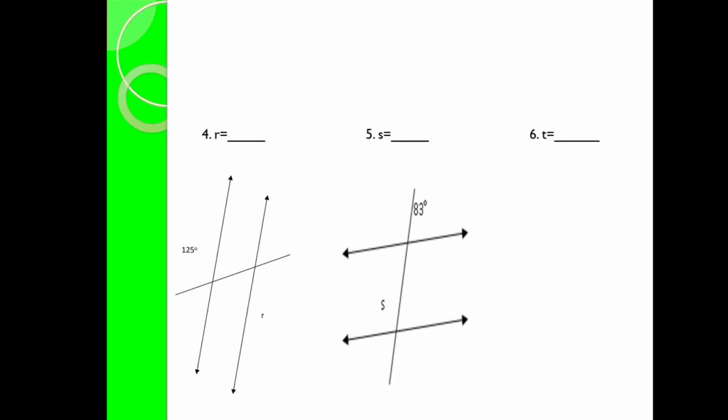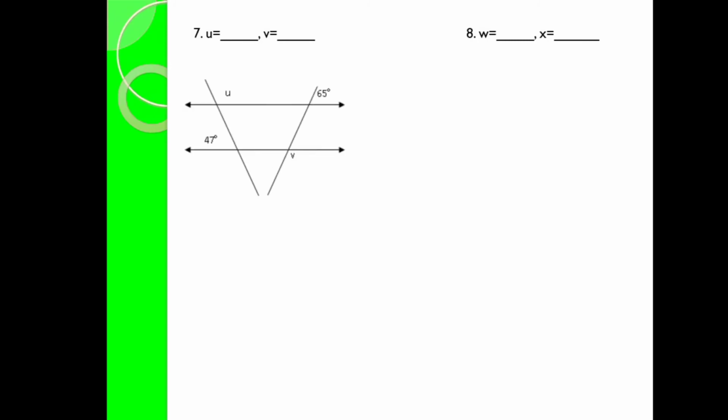Number 5, you need to find first the angle adjacent to 83, and it forms a linear pair, before you can get S, which is alternate interior angle with the angle adjacent to 83. Next, for number 6, angle T corresponds to the 73-degree angle.